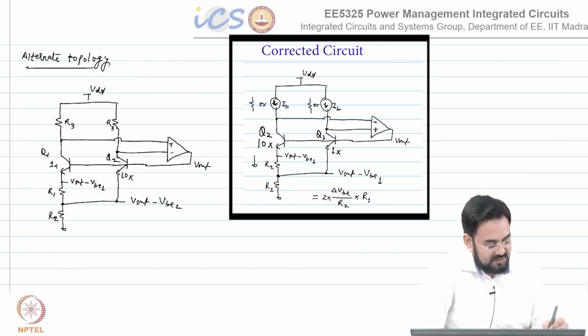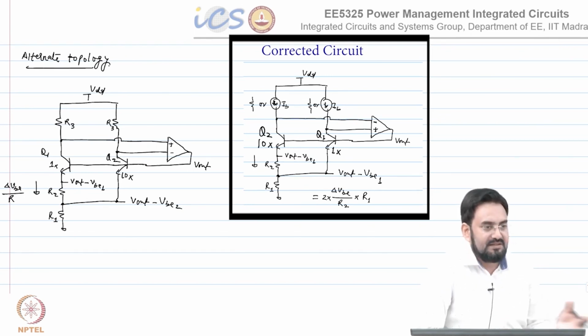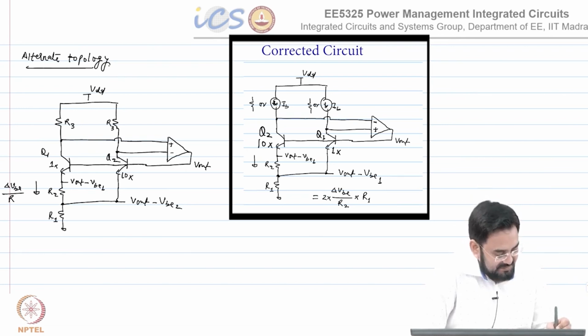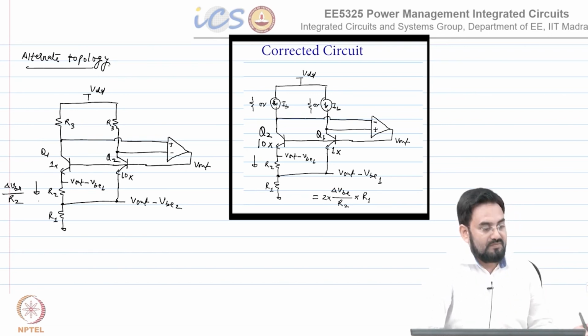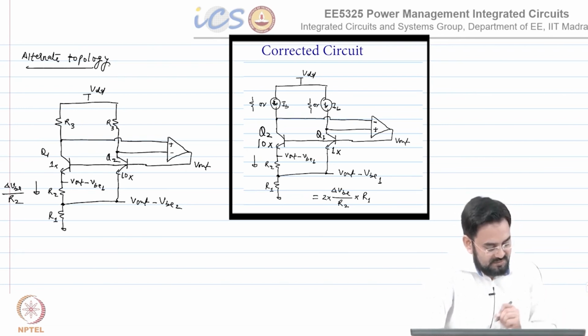So, what is the current flowing into this resistor? Delta VB by R1. So, let us make this R2 and this R1, so that we get the same equation as we had previously. So, what is this voltage now?